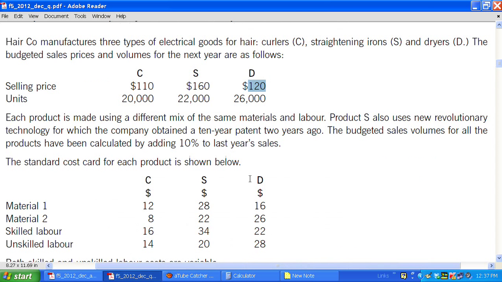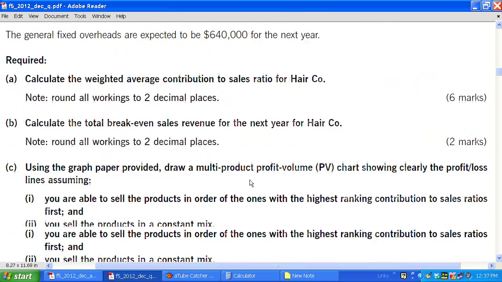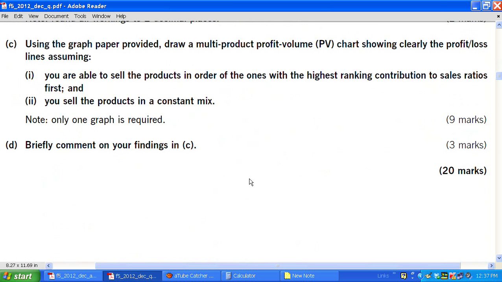Now please, I would advise you to actually get graph paper and try to do this, because it's very easy to assume that you know what you're doing, but it turns out to be a disaster when you enter the exam. So we've answered part C, highest ranking contribution first, then selling the products in a constant mix, and they've clearly told you only one graph is required.